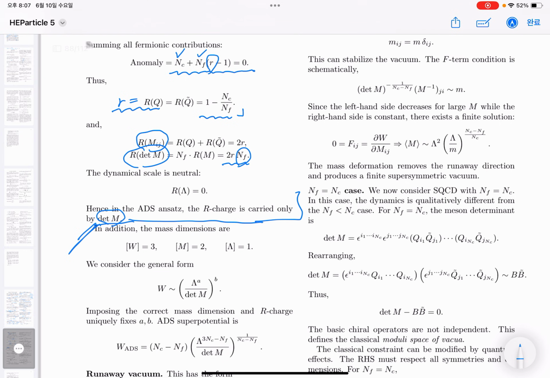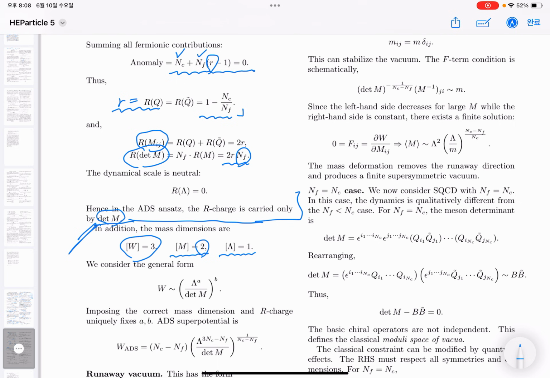And for the mass dimension, the superpotential has mass dimension 3, by considering the action and the integration of the superpotential over the Grassmann variables. The meson operator carries mass dimension 2 and the dynamical scale has mass dimension 1.